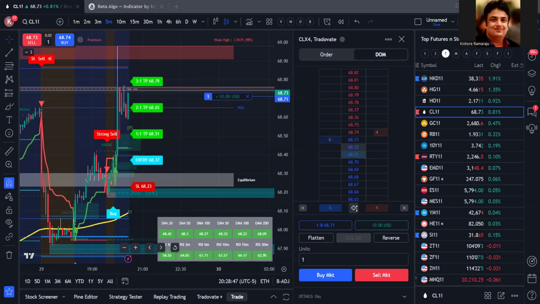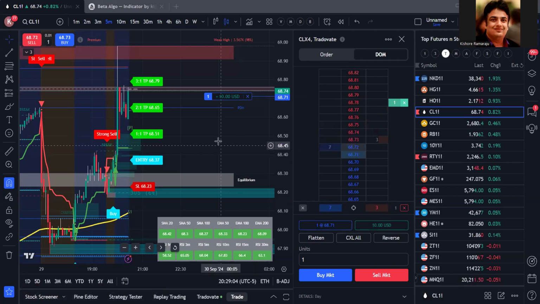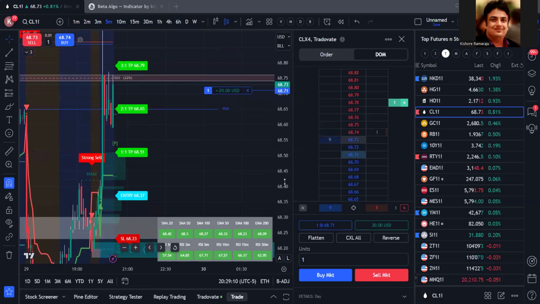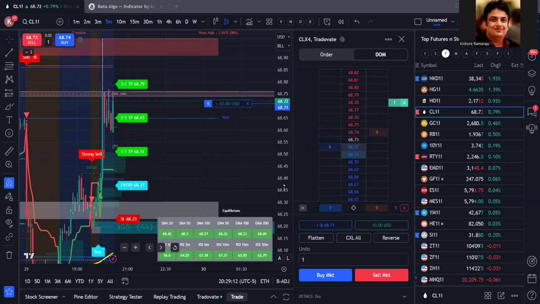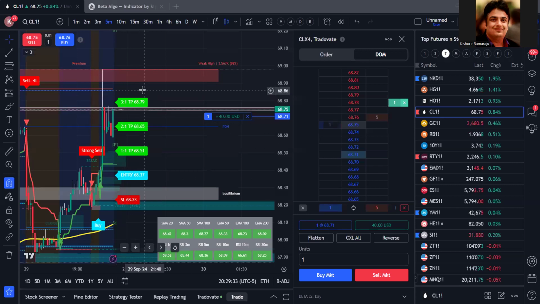If you want, you can put your target somewhere around 60. Beta algo shows what is the entry, where is your target one, target two, target three.